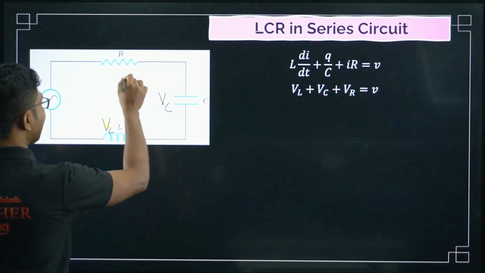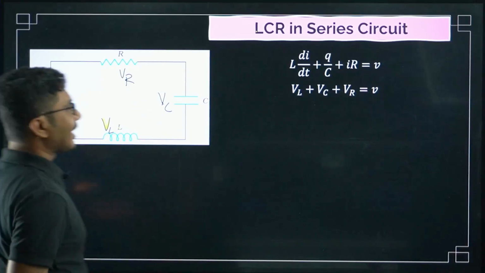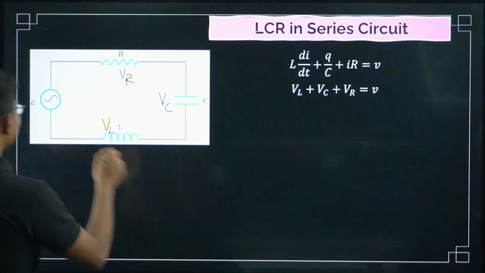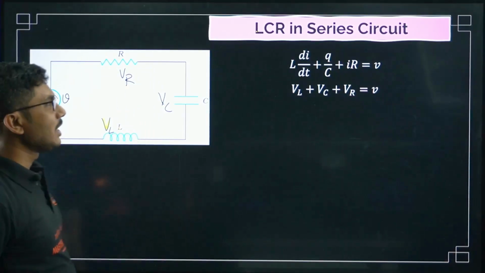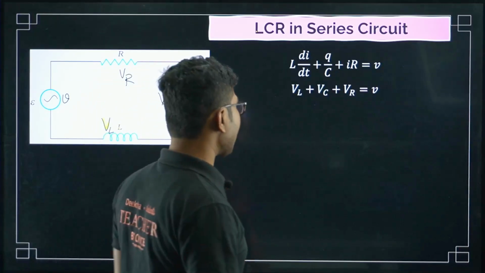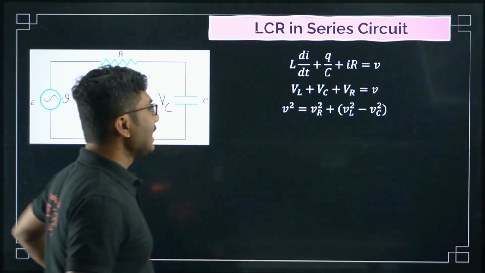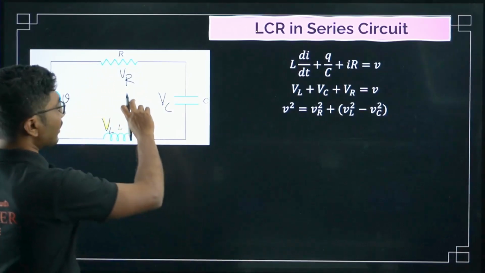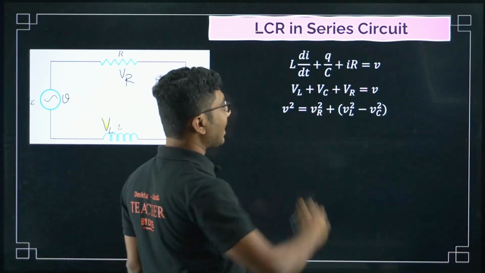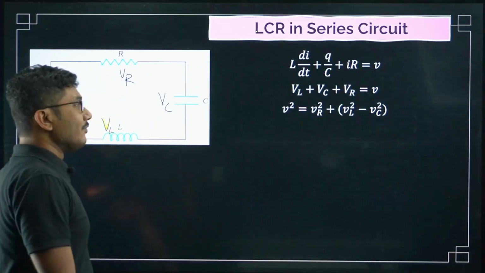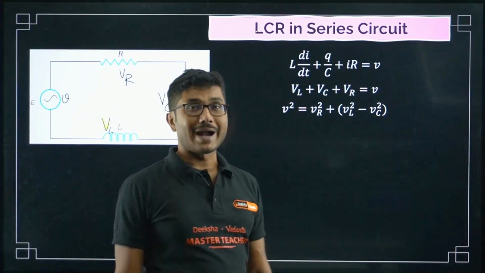VL, VC and VR across these components should equal the voltage of the source you applied. In terms of AC voltages, V square equals VR square plus VL square minus VC square.